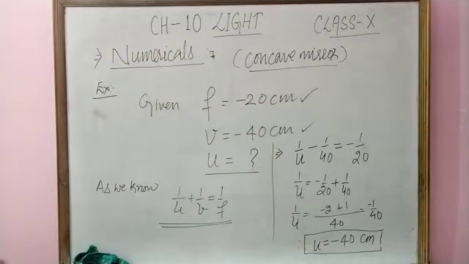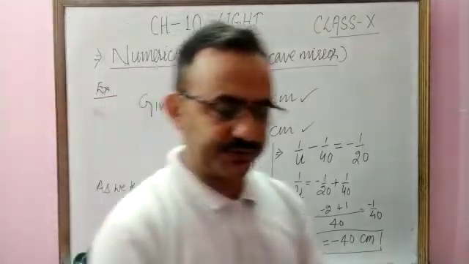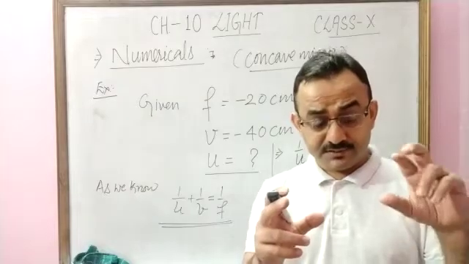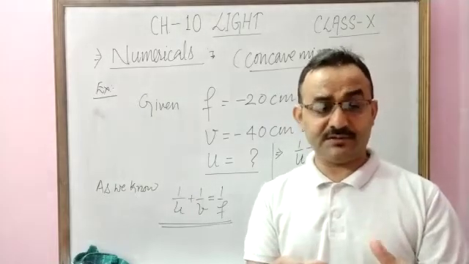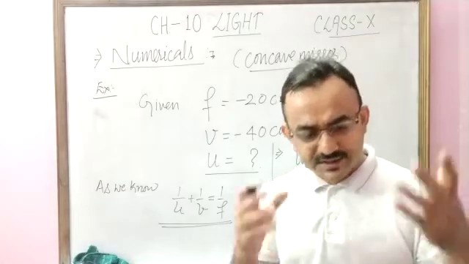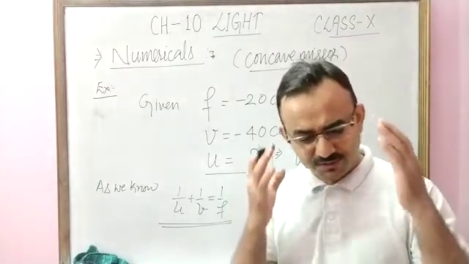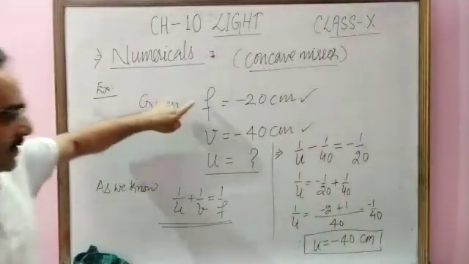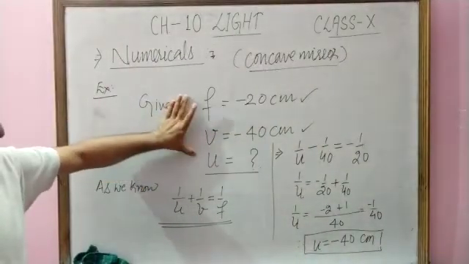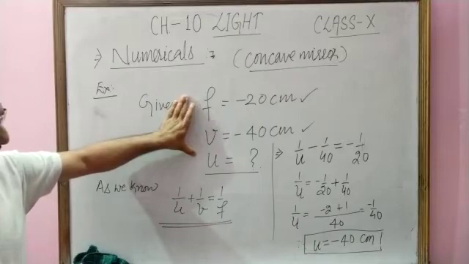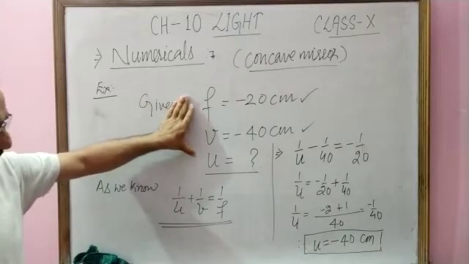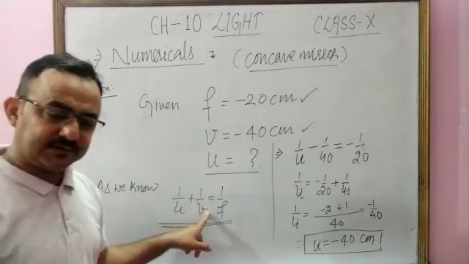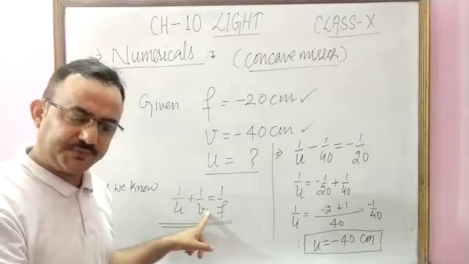What did we do? First of all, read the statement of the question carefully. Understand the question, whatever statement they have given. That is very, very important. What is the language of the question? That should be in your mind. Then, second step, write the given parameters or given terms, whatever they have given in the statement. Clear? Then, third step, write the mirror formula.